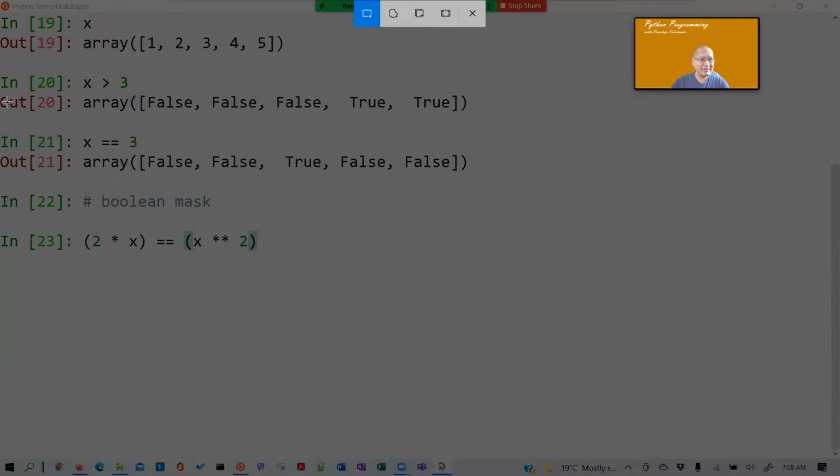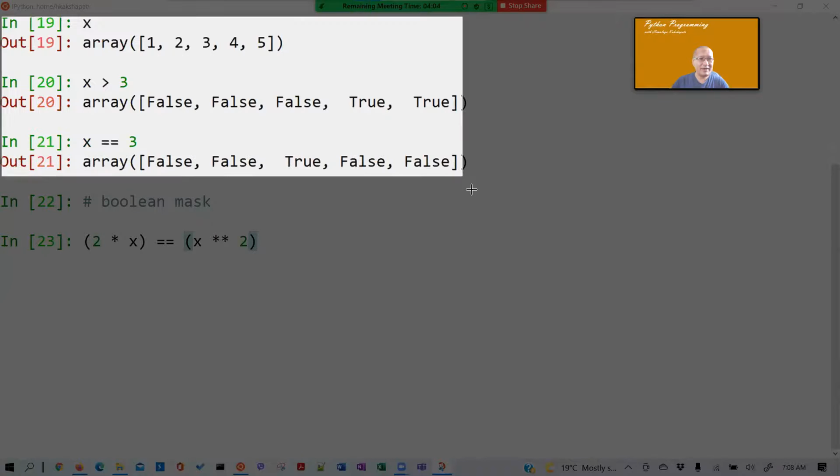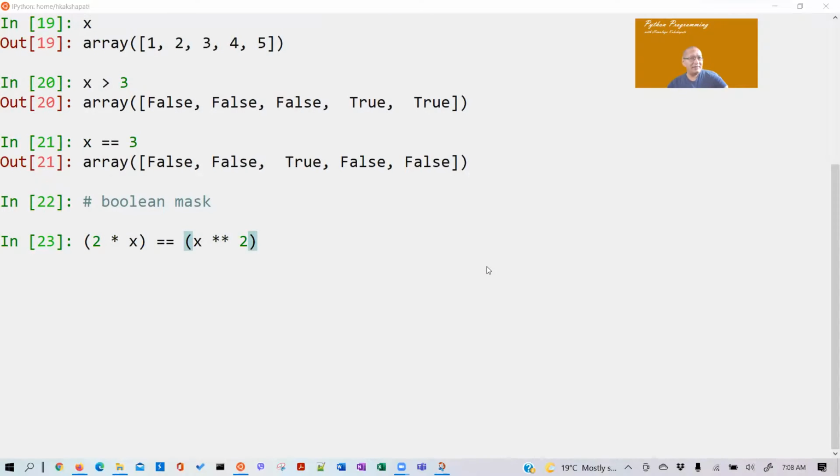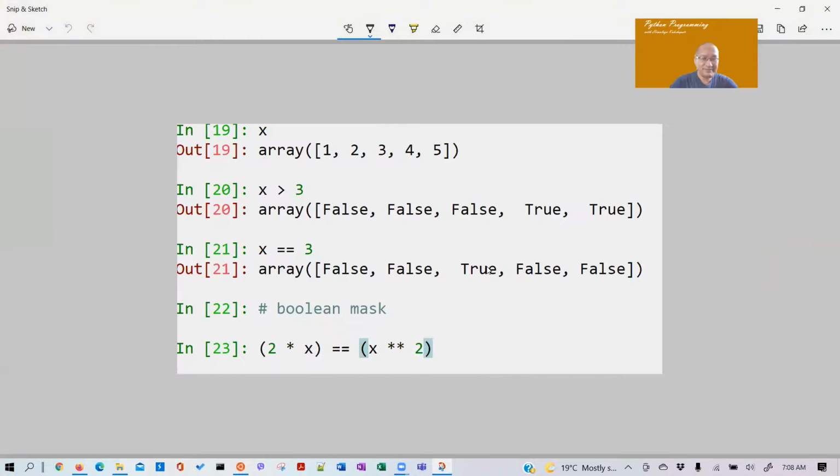This is my array X. What is the result of 2 times X? 2, 4, 6, 8, 10.